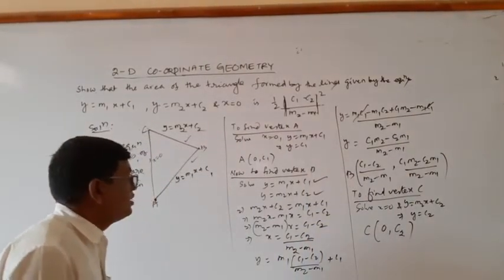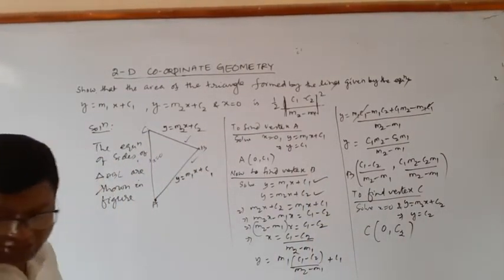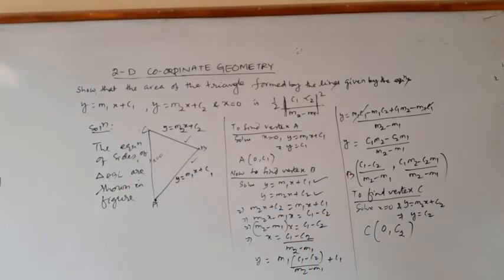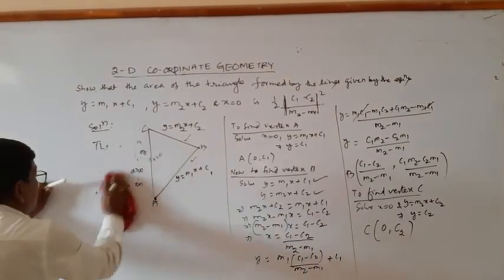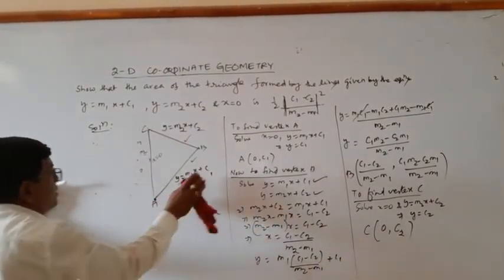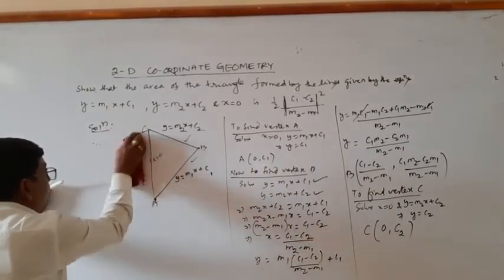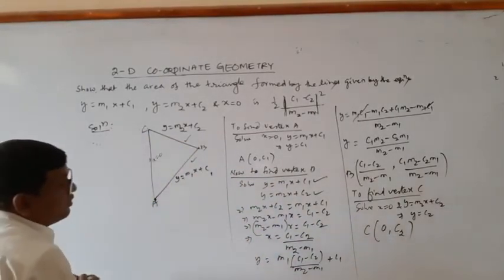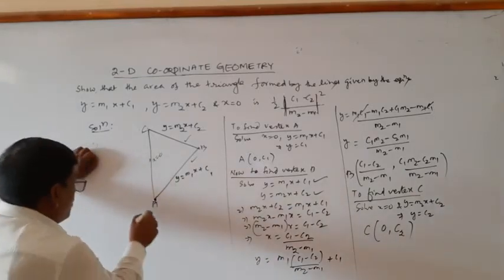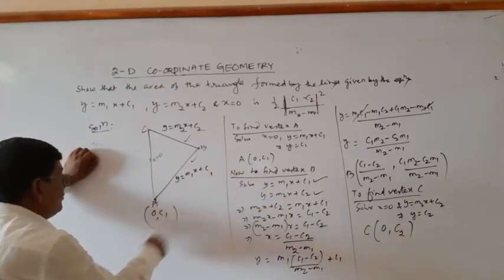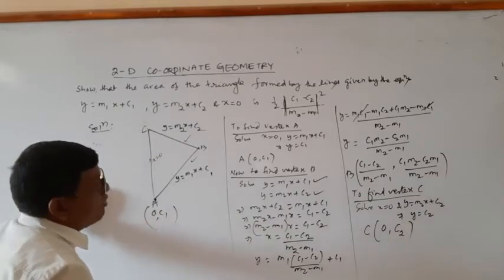Now from the figure, vertex A is equal to what? The coordinate of vertex A is 0 comma c1. Vertex B is equal to what?